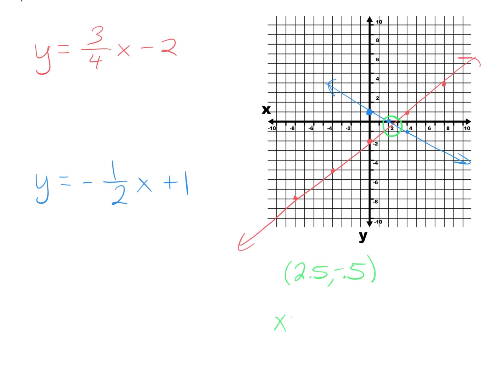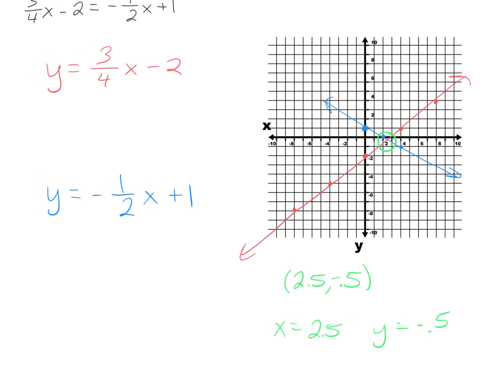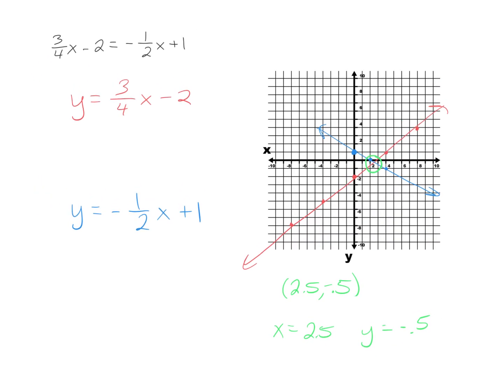What would my x value be if it asked for my x value? X equals 2.5. My y value would be negative 0.5. Biggest thing with the linear equations is knowing if you have a negative or a positive slope.